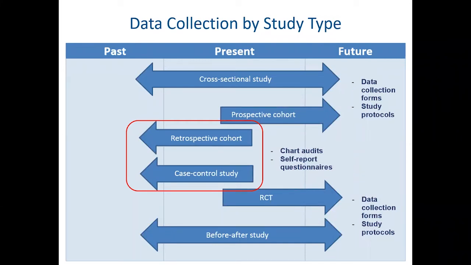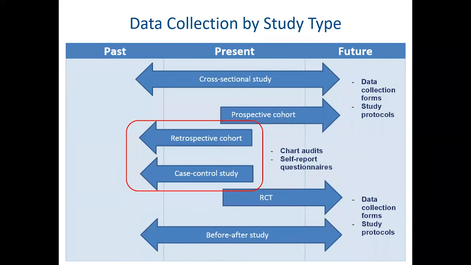The key difference between retrospective cohorts and case control studies is that for case control studies, the investigator splits individuals by disease status, so that outcome. Whereas in retrospective cohorts, investigators split study individuals by their exposure status.